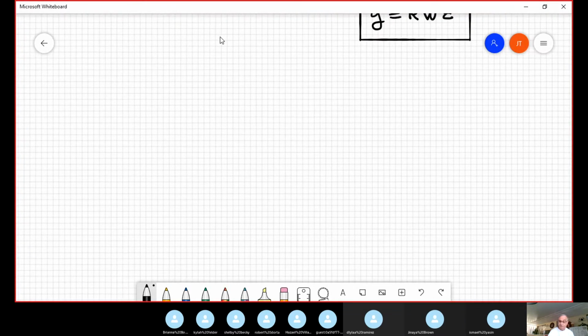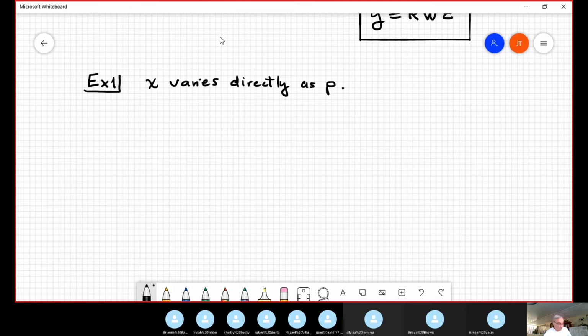Suppose example one, to understand variation. x varies directly as P. Period. So after that, give me a condition.